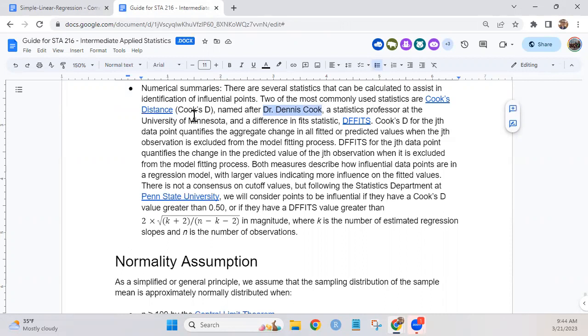I studied biostatistics, not statistics, so I didn't get to take him, but he's still there right now. And then there's DFFITS, which is difference in fits. We'll talk about those measures next time and continue with this activity here.